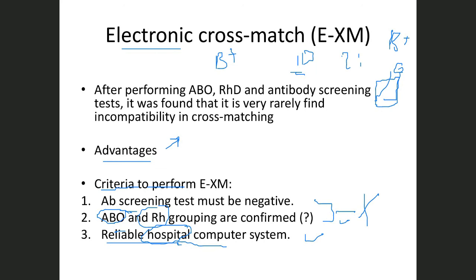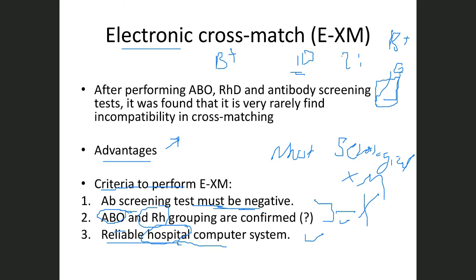Also, the antibody screening must be negative. I don't want the patient to have an unexpected antibody or immunogenic antibody like anti-E, anti-K, or whatever. In this case, I must do serological cross-matching.